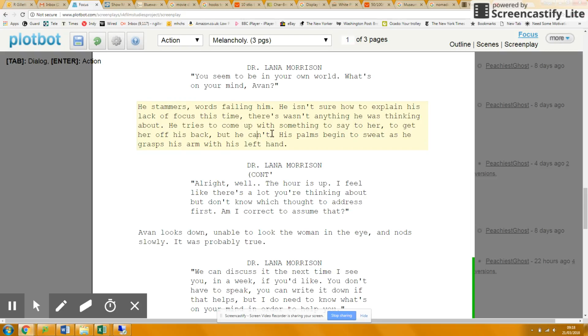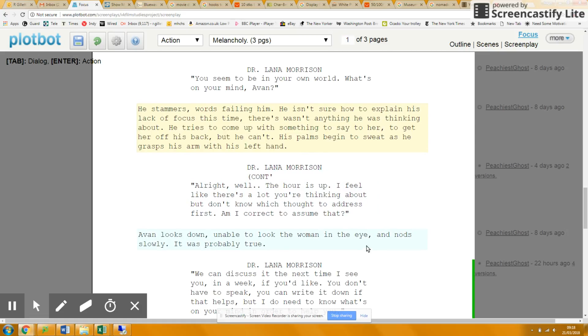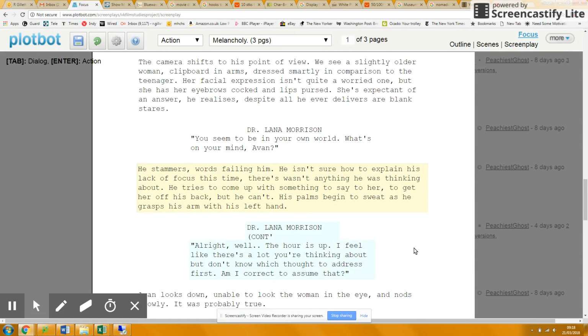We're not talking about the last session, we're talking about now, aren't we? Yeah. His palms begin to sweat as he grasps his arm with his left hand. So has he been sitting there silently the whole time? When you, yeah, it really hangs the therapist out to dry if you do that, I guess. I mean, sometimes it's just a war of silence.